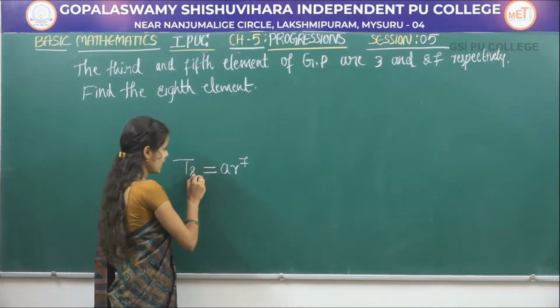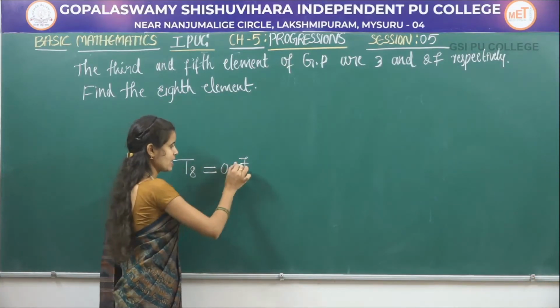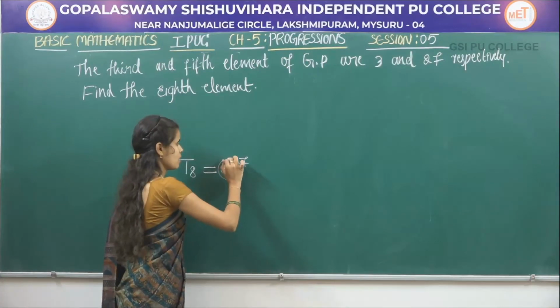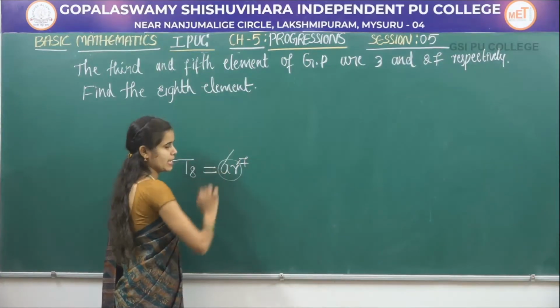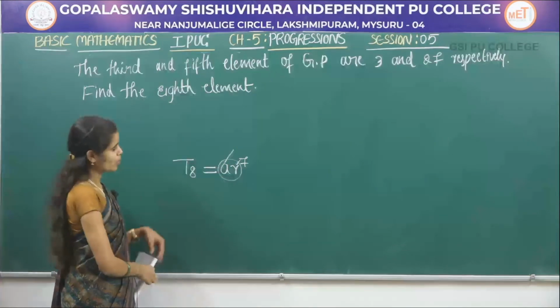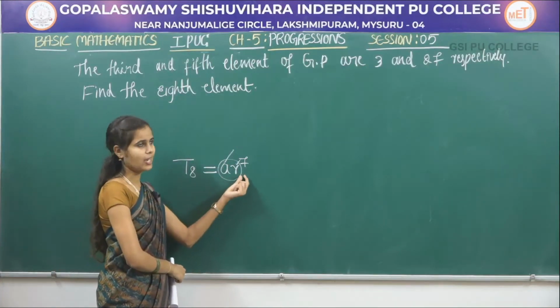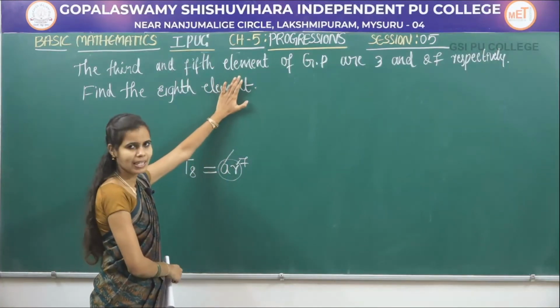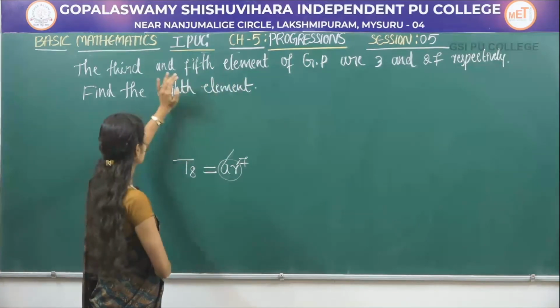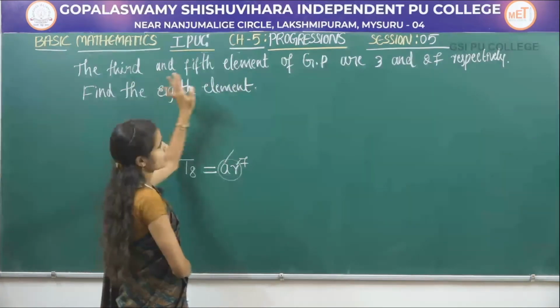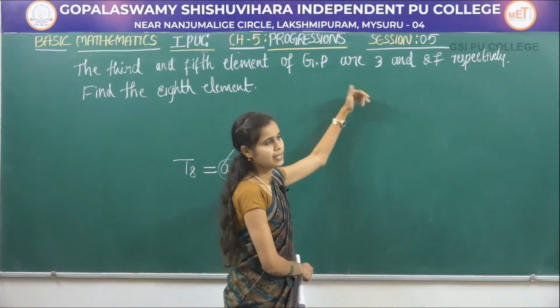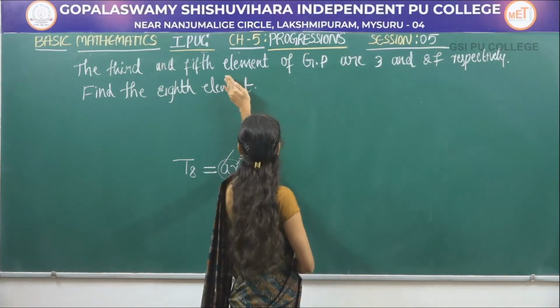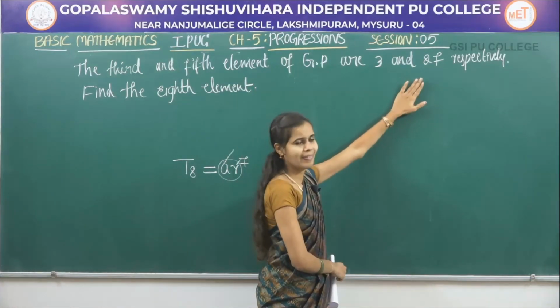To find the 8th term of the given sequence, we need the values of A and R. So first let us find the values of A and R using the given conditions. Two conditions are given. The first condition is that the third term is 3, and the second condition is that the fifth term is 27.